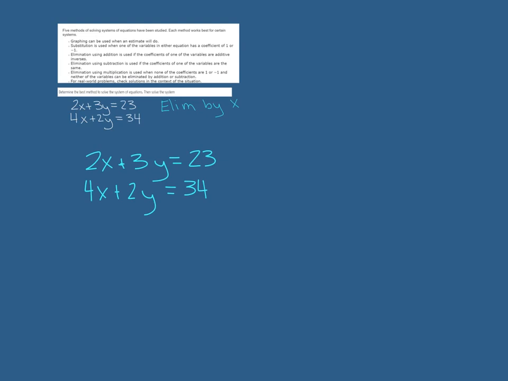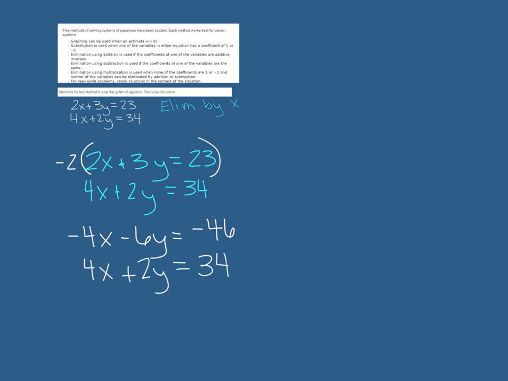The easiest thing for me to do in this problem is to multiply the first equation by a negative 2, because that way I'll get negative 4x minus 6y equals negative 46 in the first equation. And then I write the second equation as it is.